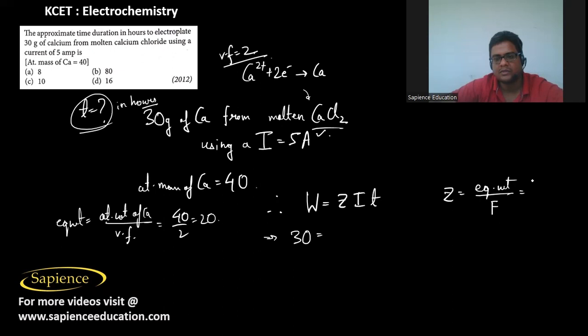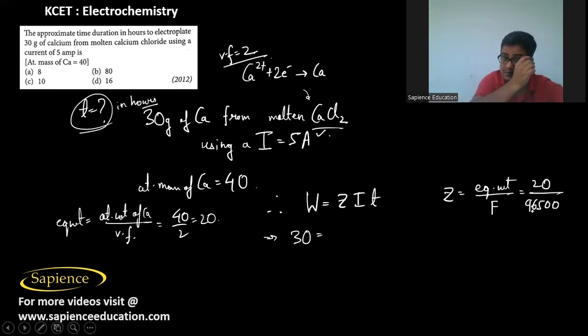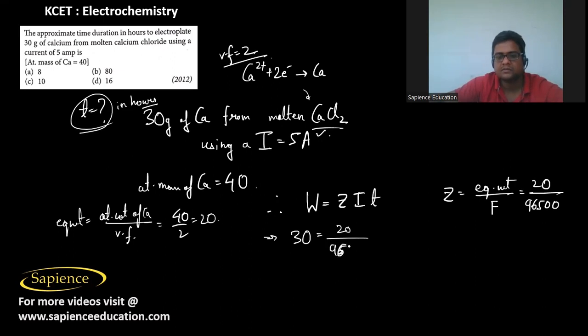So Z will be equal to 20 by F. F is 96500, so this will be 20 by 96500 into I, current is 5 ampere, into t.